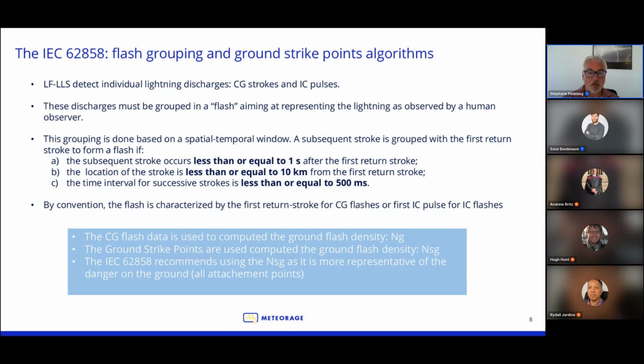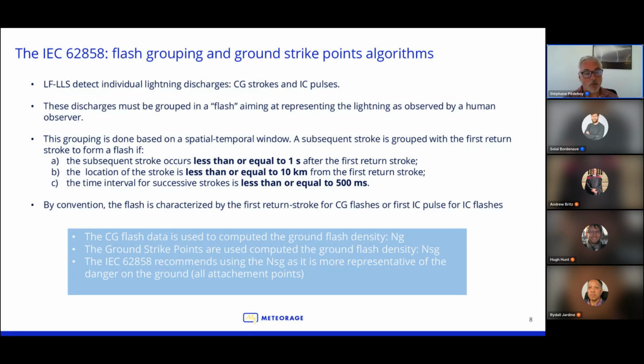And based on this, of course, it's possible to compare the flashes collected by different lightning location systems based on different technology, operated in different ways. So because this method is unique, it's possible to compare lightning data.